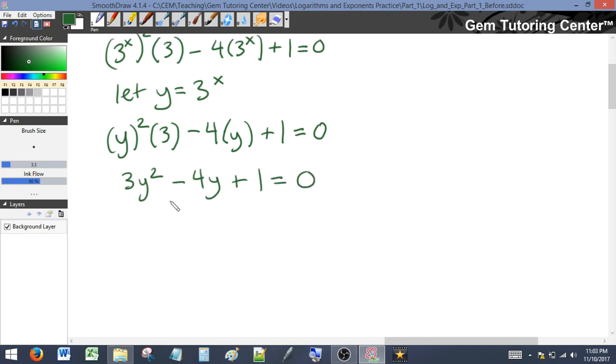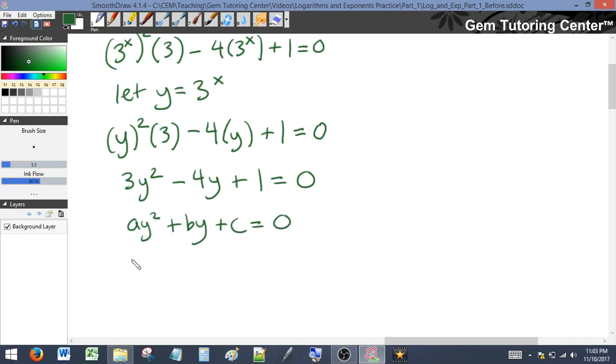So this is not an easy one to factor, at least at face value. So what we're going to do is use the quadratic formula. And we can see that this equation fits the form that I'm writing now, which is the standard form for quadratic equations. And since y is our variable, I put y here.